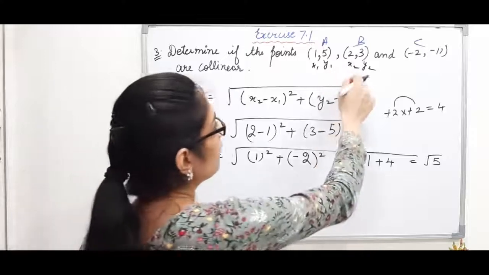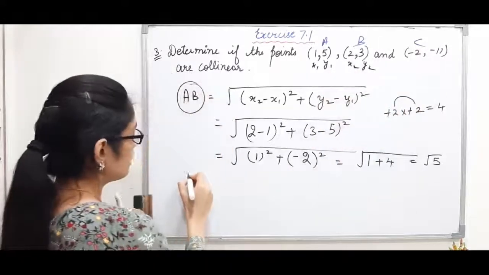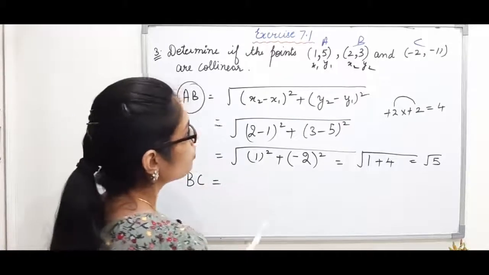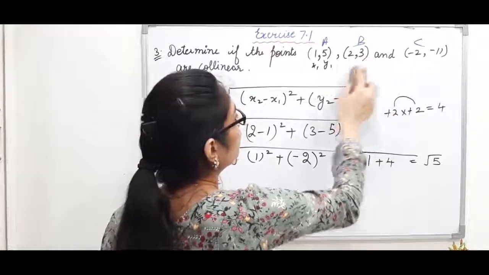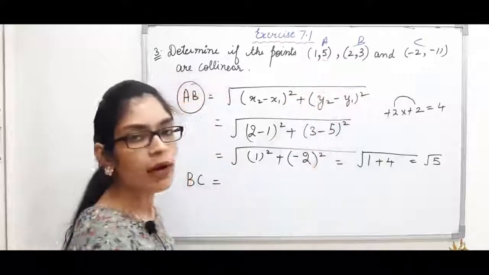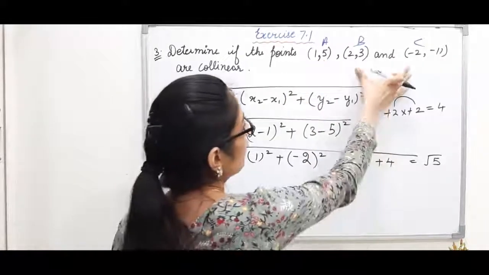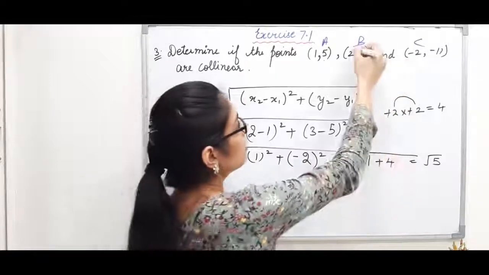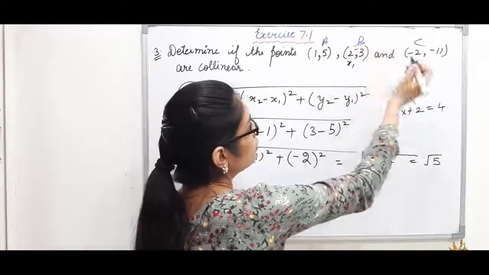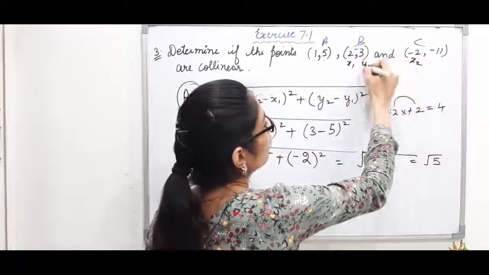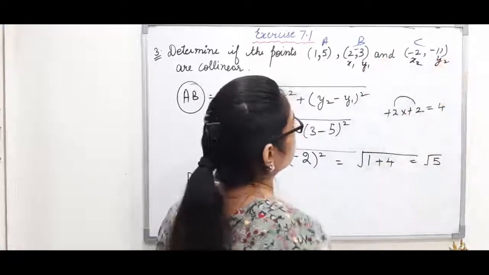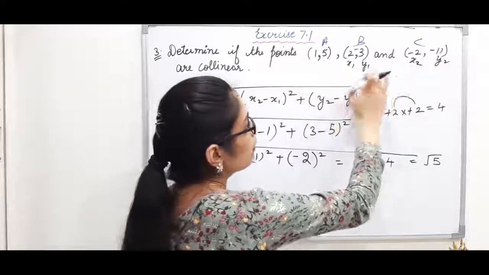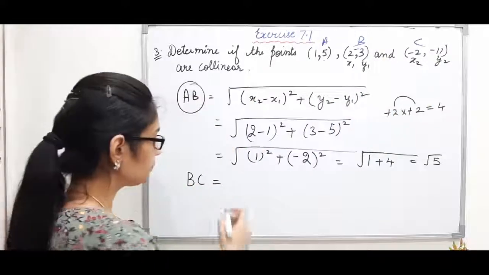Now let's find BC. Same formula we have to apply here also. Let's see which values are x1, x2, y1 and y2. If I am finding the distance between B and C, I have to see these points here. x1 is this, x2 is this, y1 is this, and y2 is this. So be very careful while naming these points.